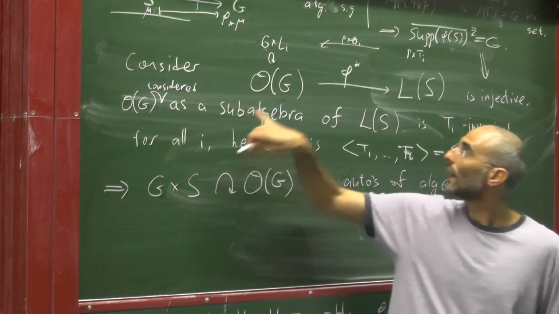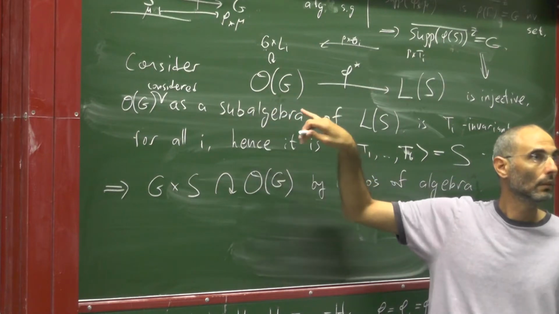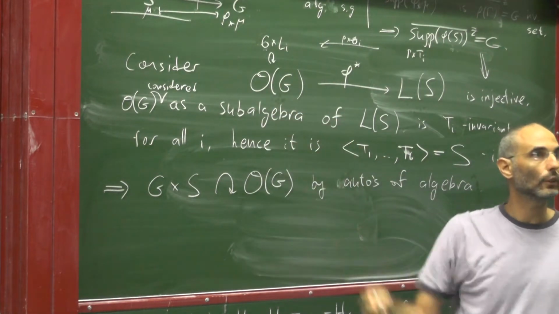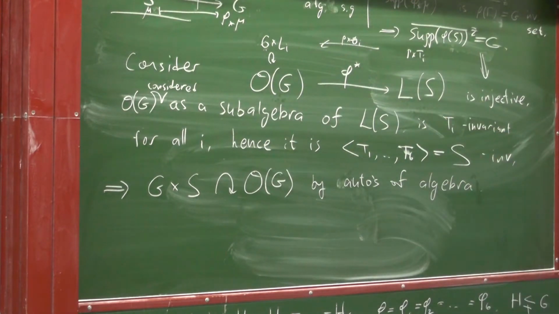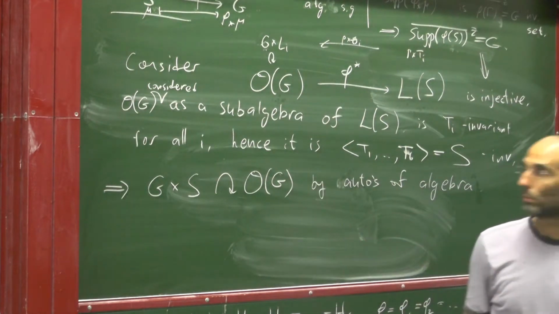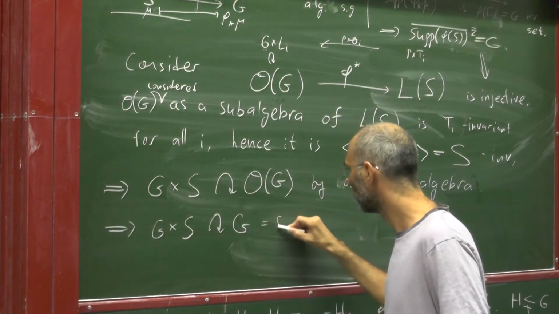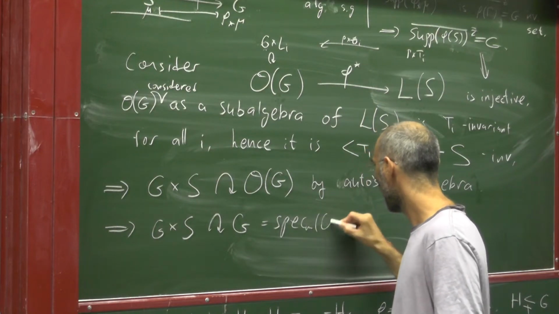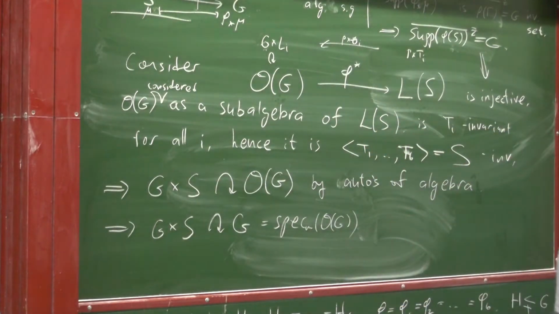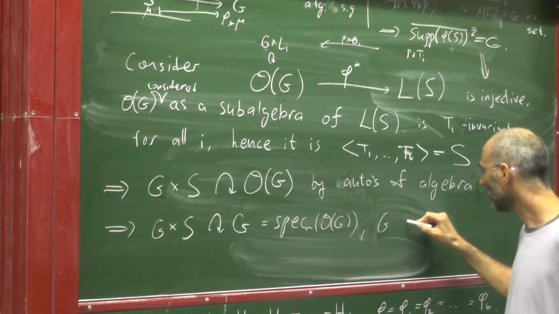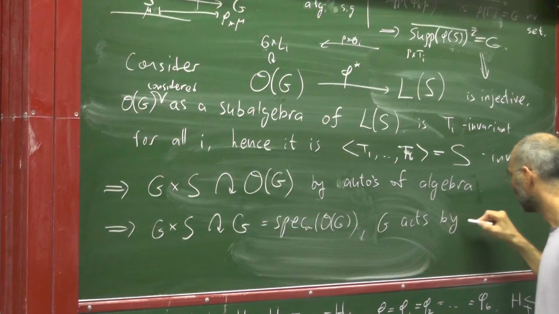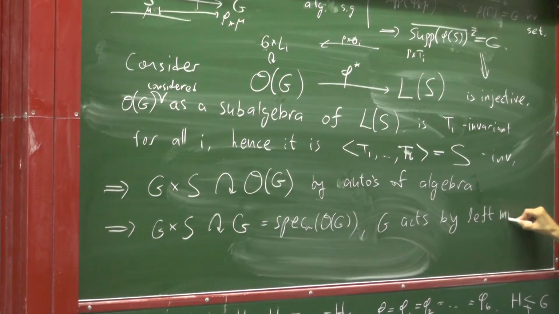This G action came from the left multiplication by G. The S action came from the individual right multiplication by the L_i's, or by the T_i's. You act on an algebra, you act on a spectrum. Of course, G times S acts on G itself, G acts by left multiplication, in a commuting way.